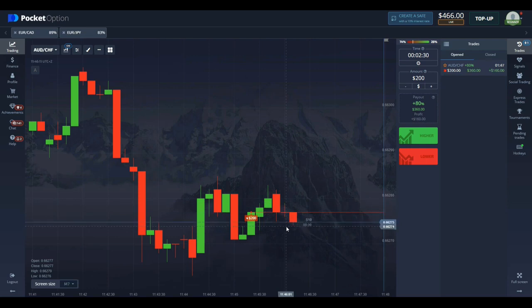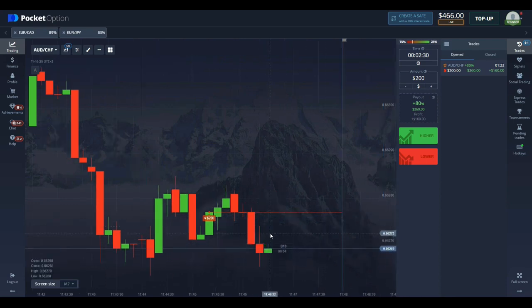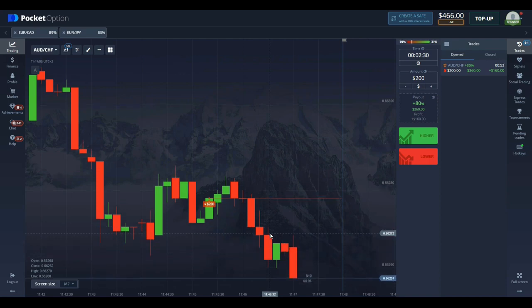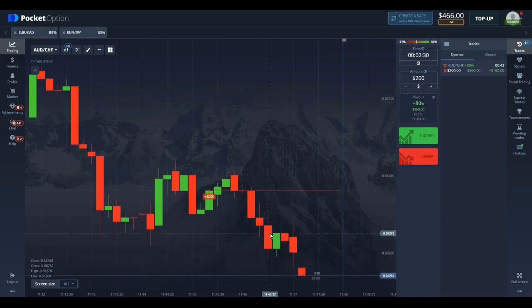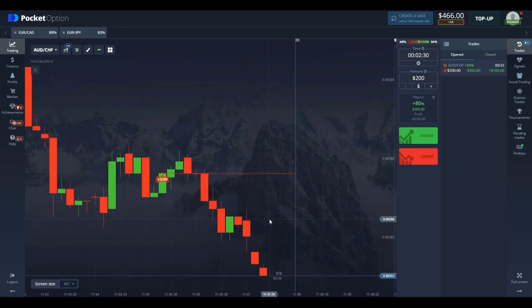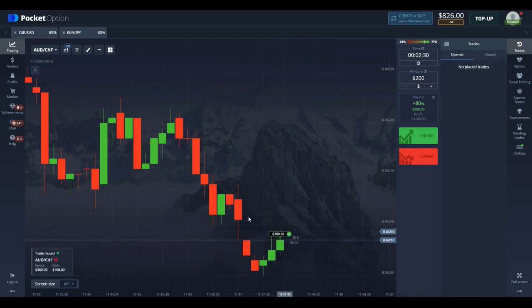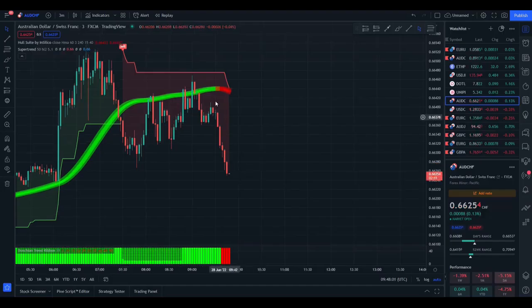Now let's skip ahead and see if we manage to get the money. Let's go. And here we are, 5 seconds away from securing our money, and we are at 826 already with just 2 days.